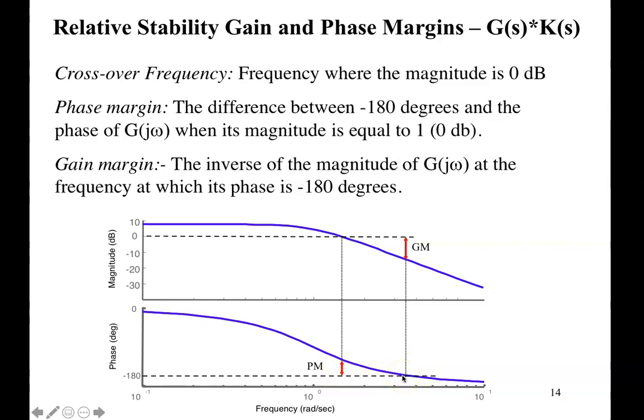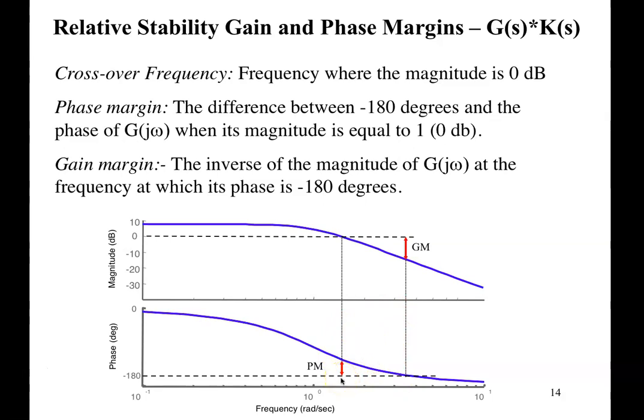But we want to see how stable it is. And we use some measures, one called gain margin, the other called phase margin, to see how much more we can go before the system becomes unstable. So on this diagram, we need to make some definitions here.